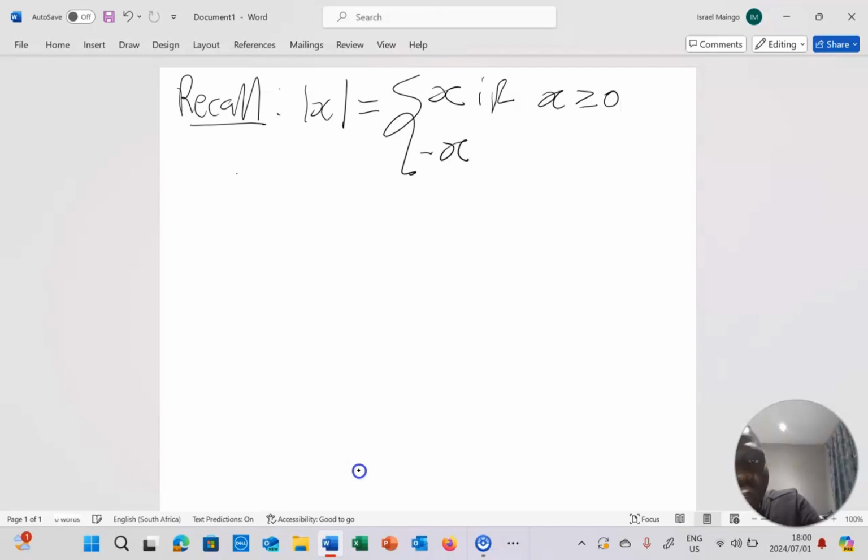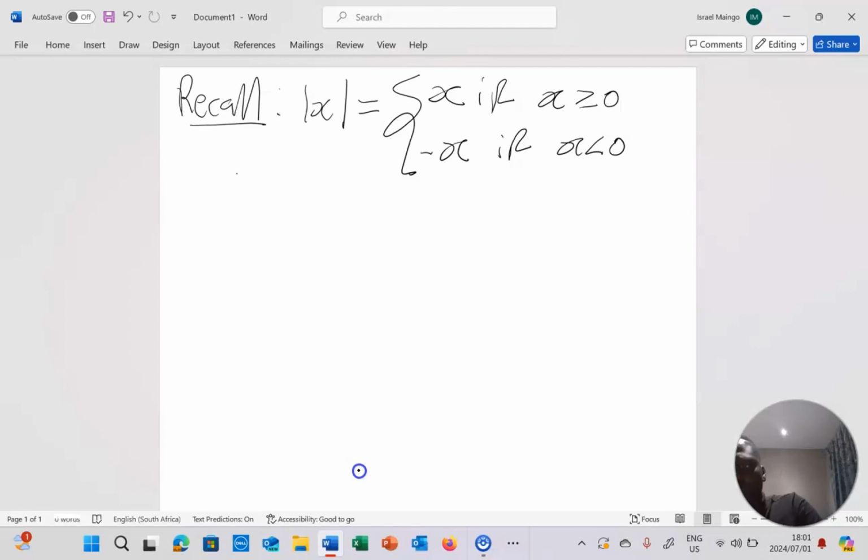It will be negative x if x is less than 0. So that's how we define the absolute value function of x. Today I want to take you through several problems of limits involving absolute value function. So let's do a few problems and see how we do them.